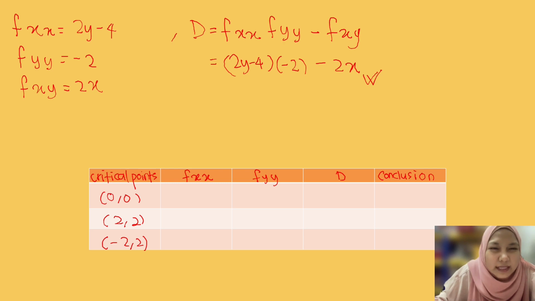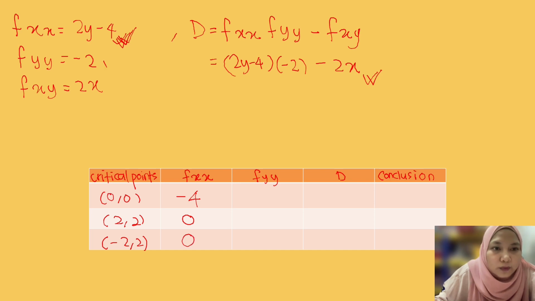For fxx, substitute inside this function, 2y minus 4, so substitute 0, we get the value negative 4. And then for the second one, substitute 2 as our value of y inside the fxx function, we get 0, and the third one we also get 0.